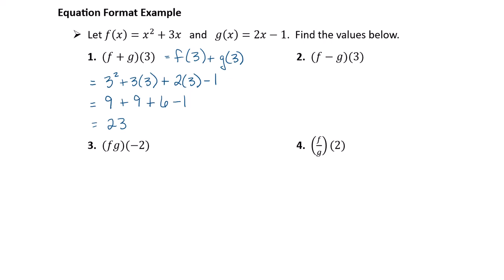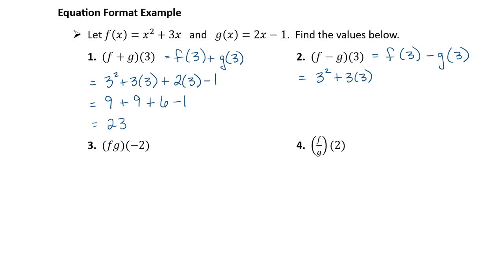F minus g of 3, we start out similarly. We're going to write the definition, f of 3 minus g of 3. F of 3 is 3 squared plus 3 times 3. And now we're subtracting g of 3.